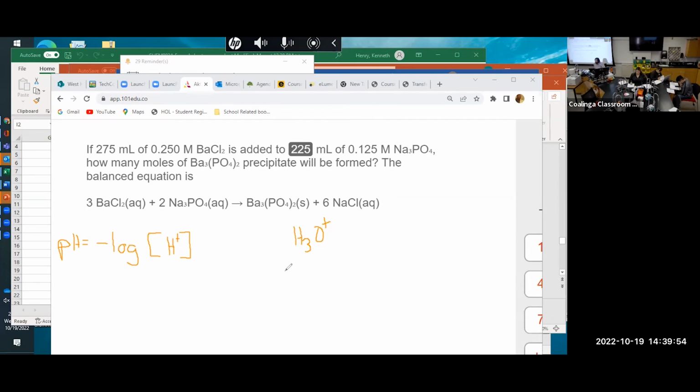We know that the hydronium ion and the hydrogen ion are the same. The hydrogen ion is basically grabbing onto the water that's present. Did we talk about that? Yes? Good.